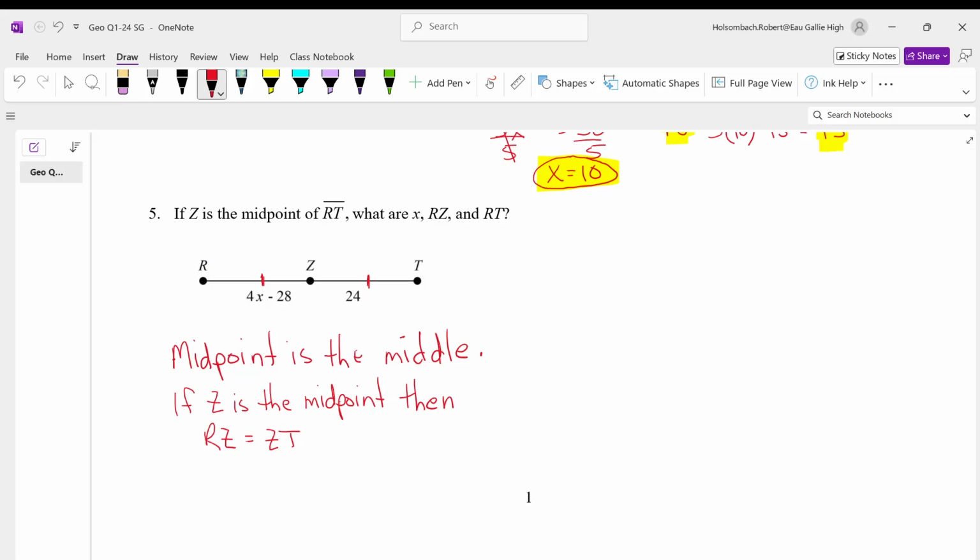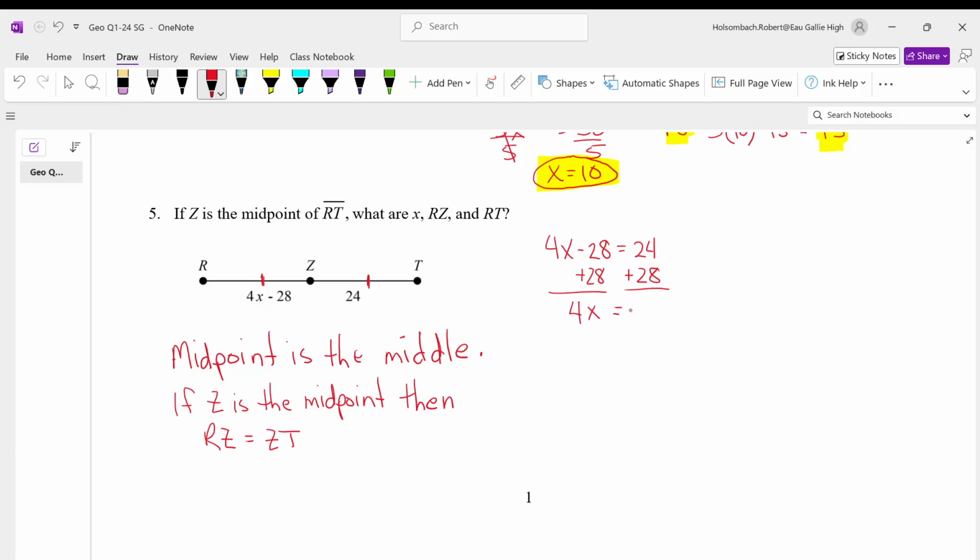24. They're the same. So we're going to solve for X by saying 4X minus 28 is equal to 24. So we're going to add 28 to each side. Our 4X is equal to 24 plus 28.